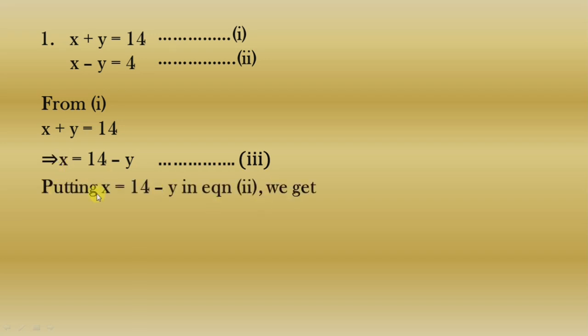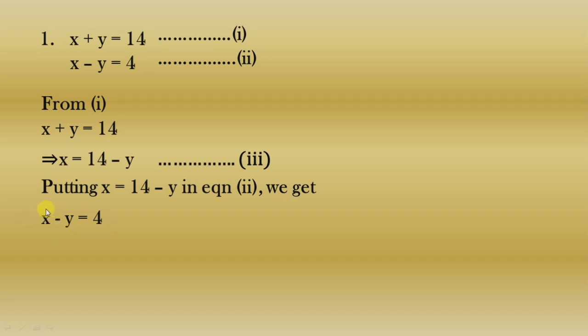Next, putting x is equal to 14 minus y in equation number 2, or you can say substituting the value of x as 14 minus y in equation number 2, we get: instead of x, I'll substitute 14 minus y. My equation number 2 is x minus y is equal to 4.